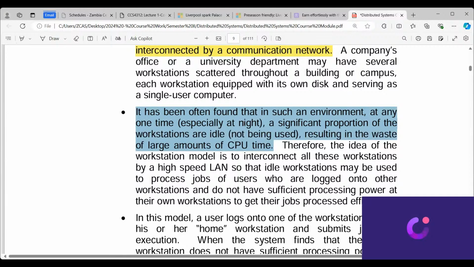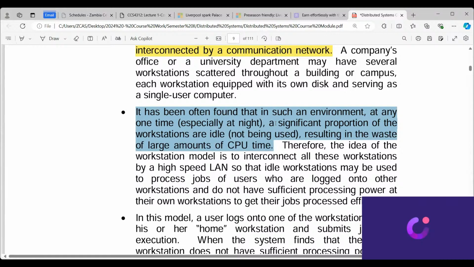So we are saying it's often found that in such an environment, at any one time, especially at night, you find that most people have knocked off, and they cannot be using the computers at their offices or at campus.